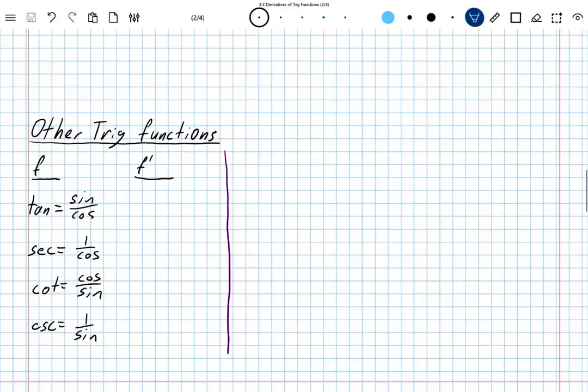I wanted to take the derivative of tangent. That is just the derivative of sine over cosine. Let me add some x's in there. Okay.